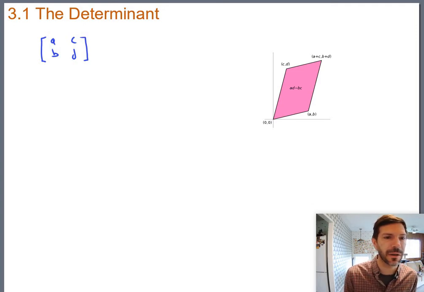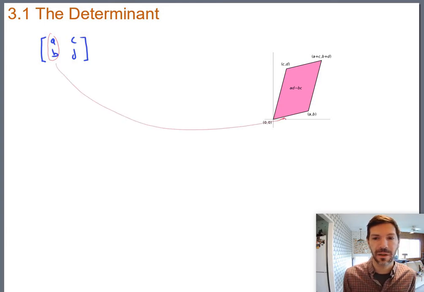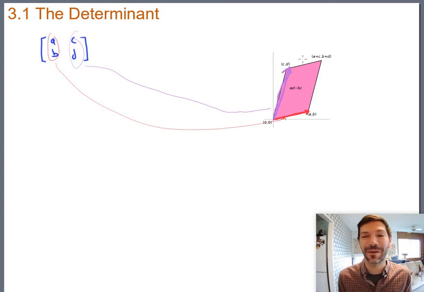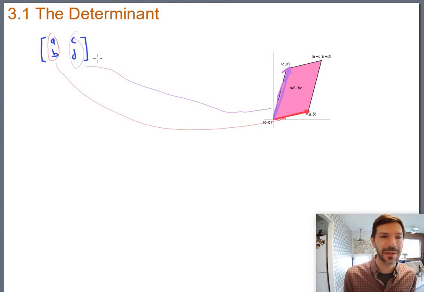So if you look at the columns of the matrix as vectors, which we always can, the vector AB here, and this vector CD as the other vector, then the parallelogram that those two vectors determine has area AD minus BC, and in general that's the formula for the determinant of a 2 by 2 matrix.